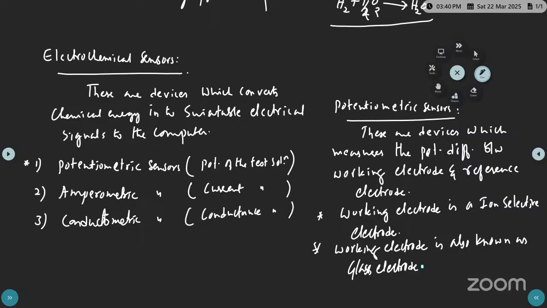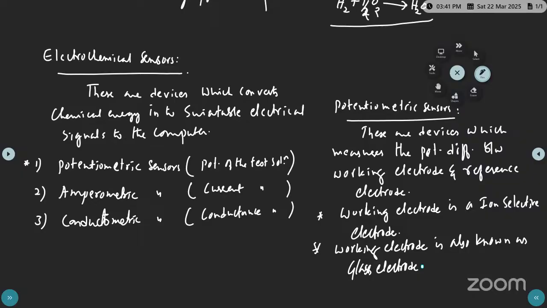What is working electrode? It is ion selective electrode, means it has the sensor which responds to the specific ions, means H plus ions. It responds to only H plus ions and ignores the remaining ions. Working electrode is an ion selective electrode antunnam kada.